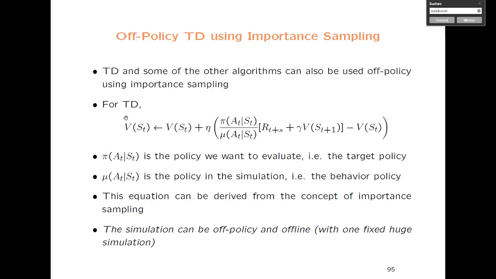So pi is the policy we're interested in, but the simulation is on the mu policy, and it turns out that you have to introduce a correction factor when the data comes from the simulation of the behavior policy.